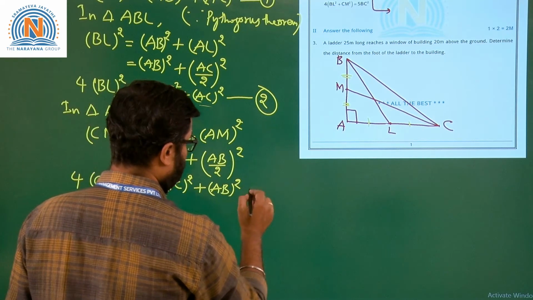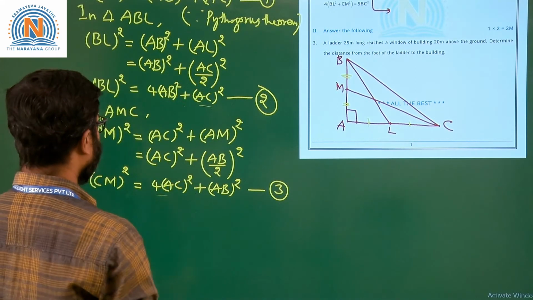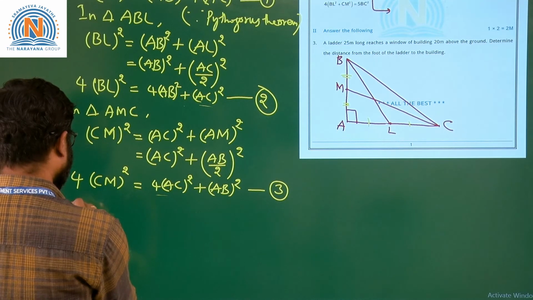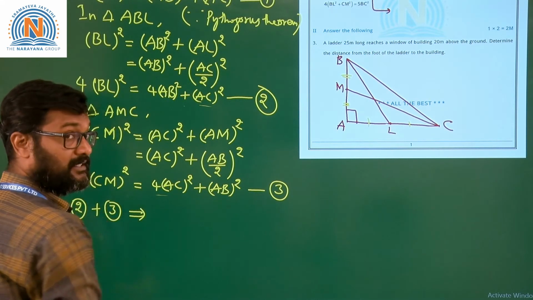So this will be the third equation, isn't it? So add 2 and 3, that means LHS are added and RHS are added.